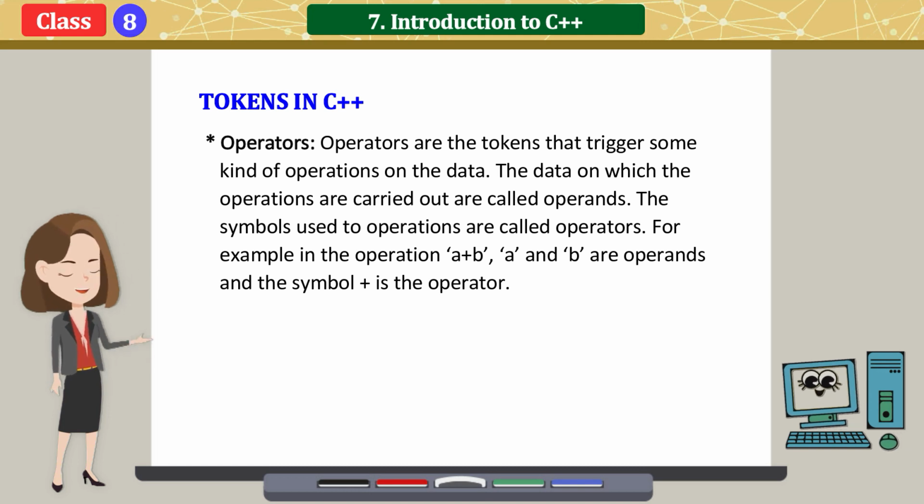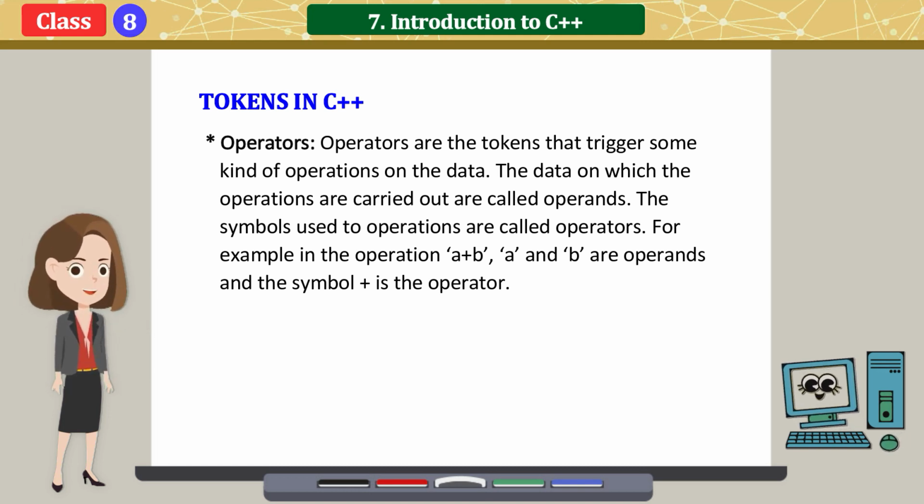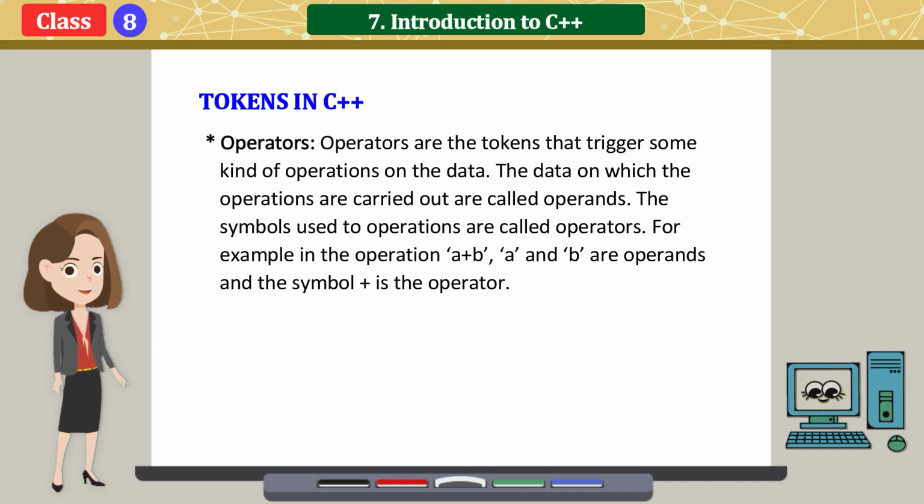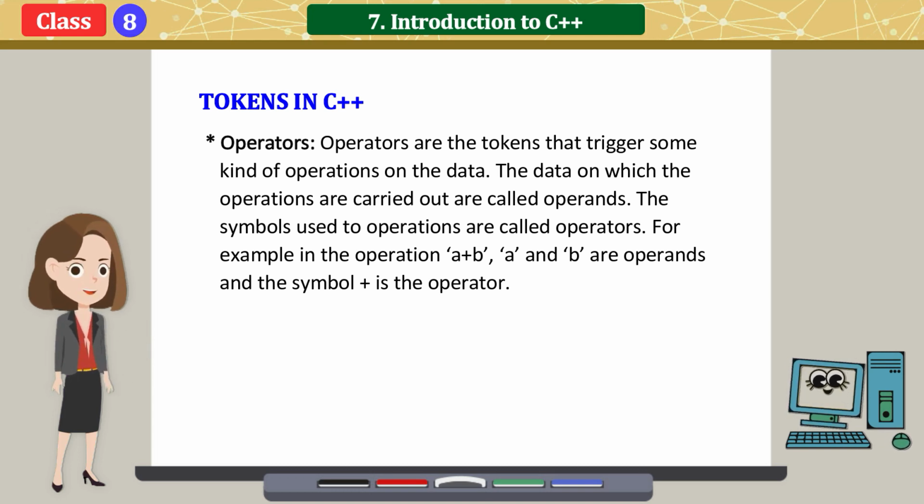Operators. Operators are the tokens that trigger some kind of operations on the data. The data on which the operations are carried out are called operands. The symbols used for operations are called operators. For example, in the operation A plus B, A and B are operands and the symbol plus is the operator.